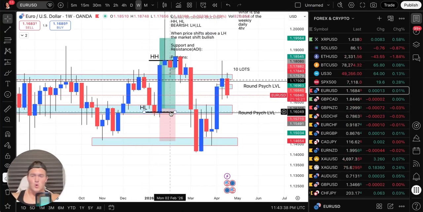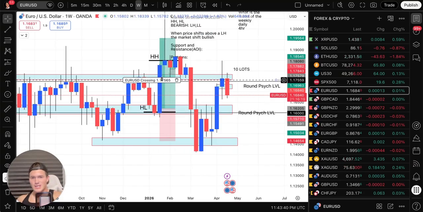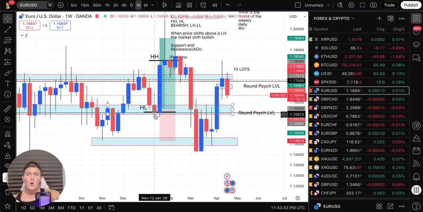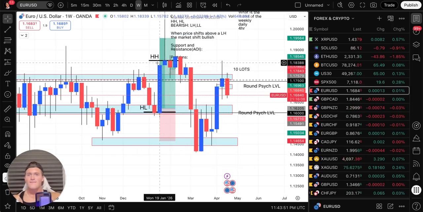Okay? So we are waiting for price to either break above the higher high or below the higher low. If it breaks below the higher low, the market then shifts bearish. If the market shifts above the higher high, we get a new higher high and a new higher low.